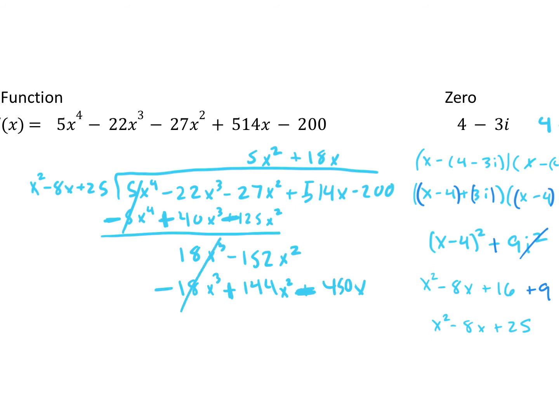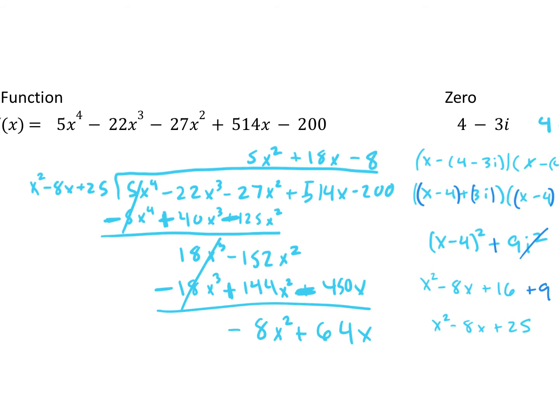These cancel. Negative 152 plus 144 is what? Negative 8x squared. And then 514 minus 450, 64. So that'd be positive 64x. So then what times x squared gives us negative 8x squared?